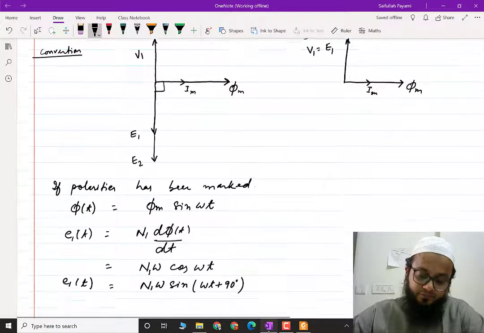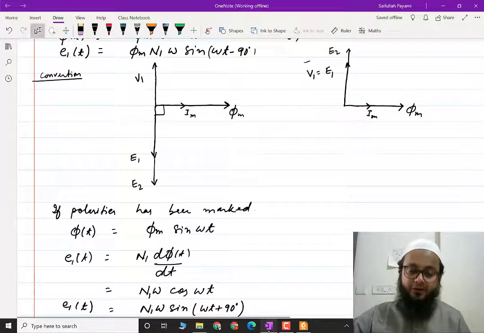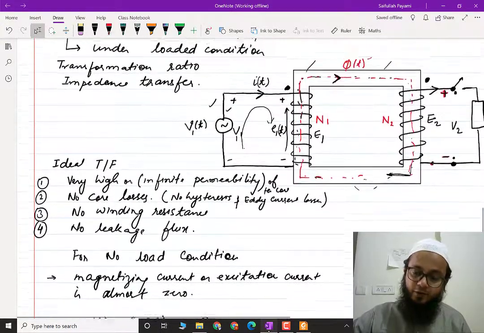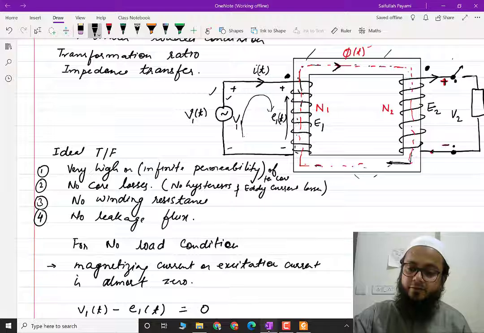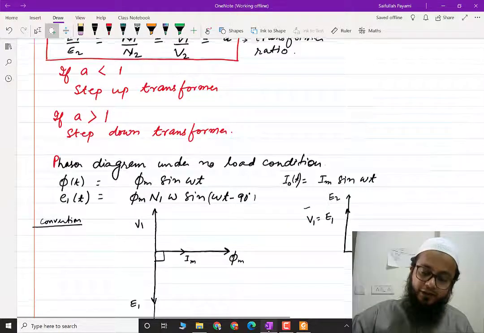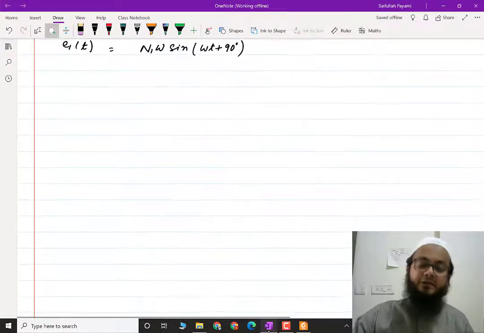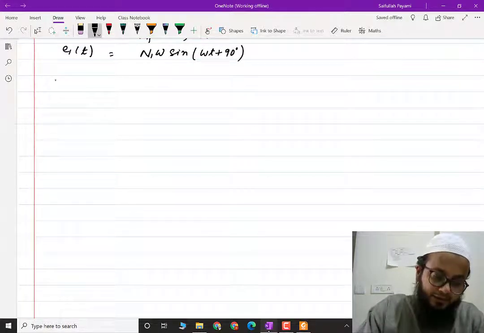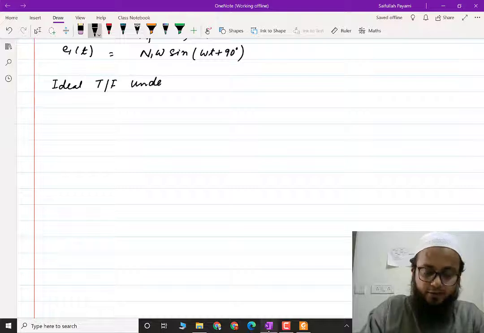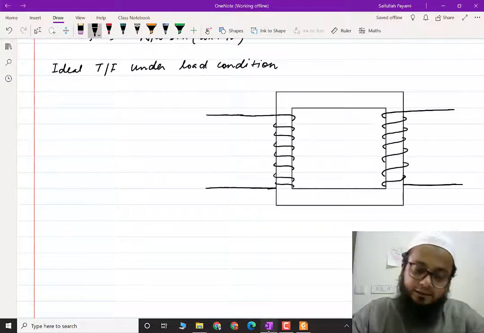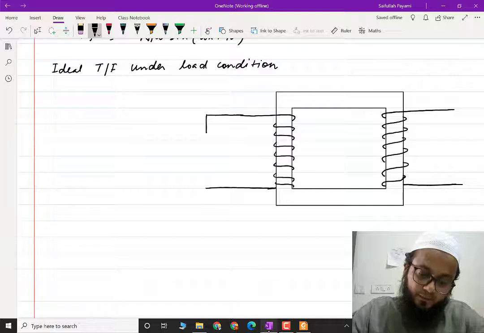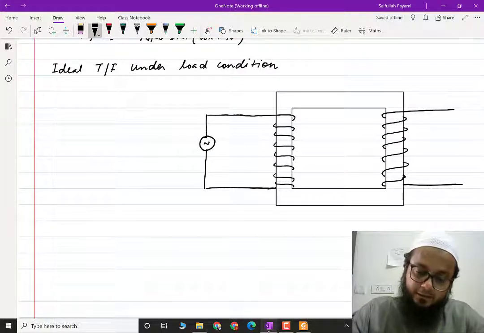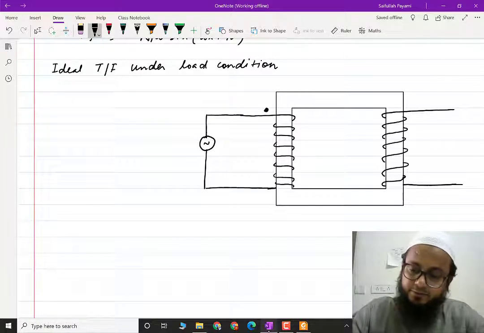So this was the case under no load condition, when this switch was open. Now we'll take up the ideal transformer case under load condition. Let's say the primary has been energized and the dots have been marked here and here.